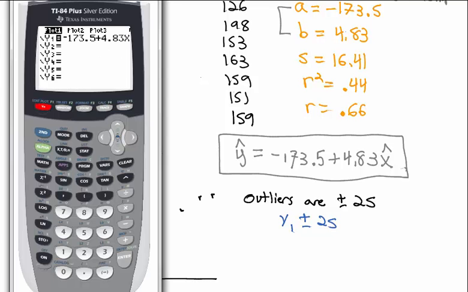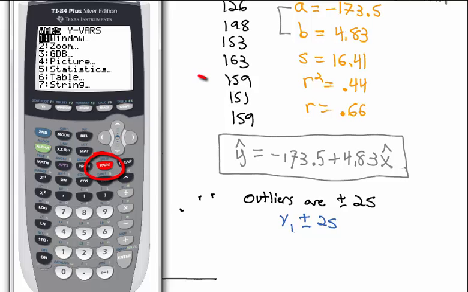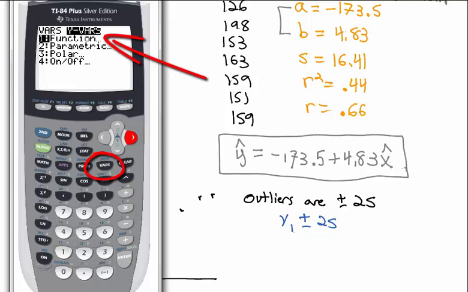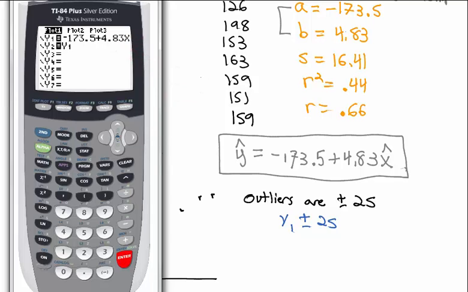Going back to y equals, scroll down to y2. We're going to tell it to grab that first equation, that y1 equation. It's under vars, over to y vars, function y1. That's going to take the y1 equation, and we're going to add 2 times the standard deviation.